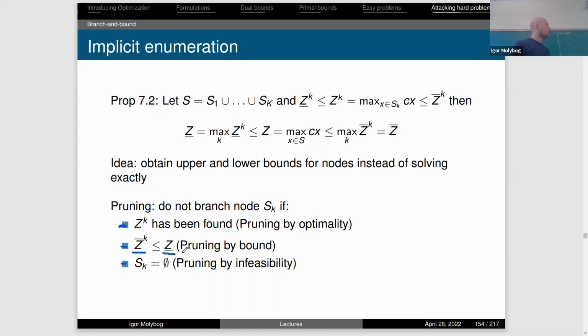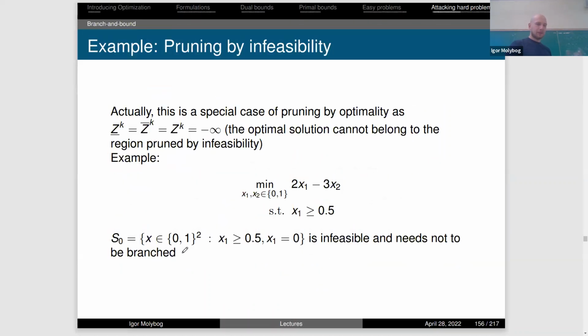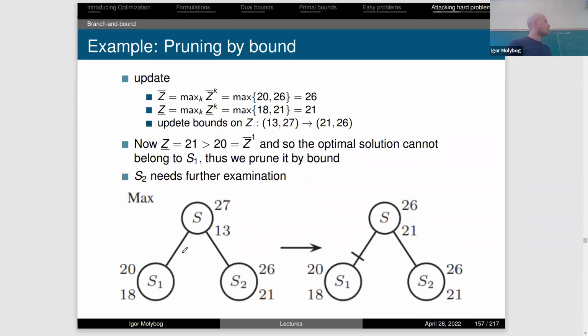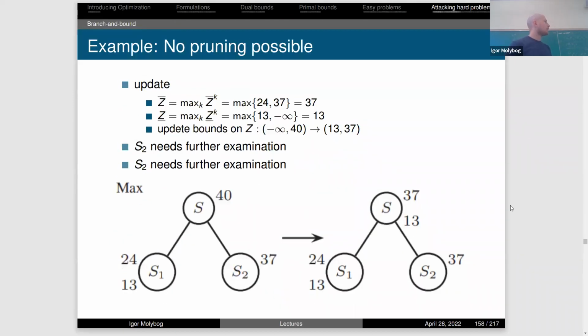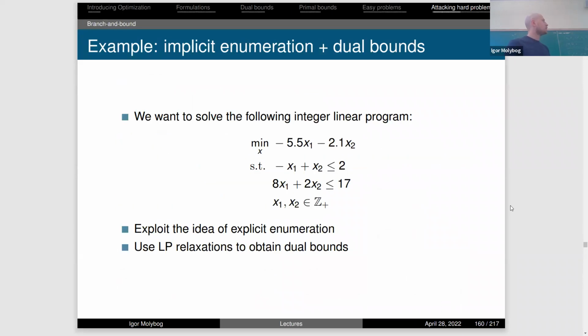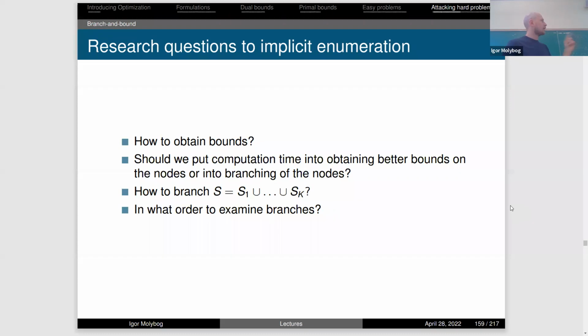For that reason, there is space for maneuvering, for designing more adapted algorithms, depending on how exactly you choose to branch a problem into subproblems, in which order you examine these branches, and how you distribute computational time between computing bounds as tight as possible, or as many bounds as possible.